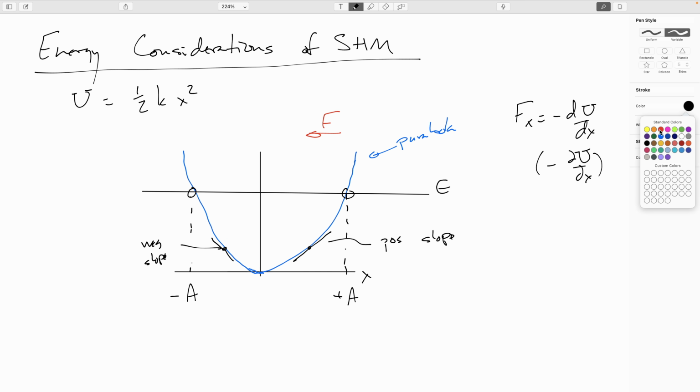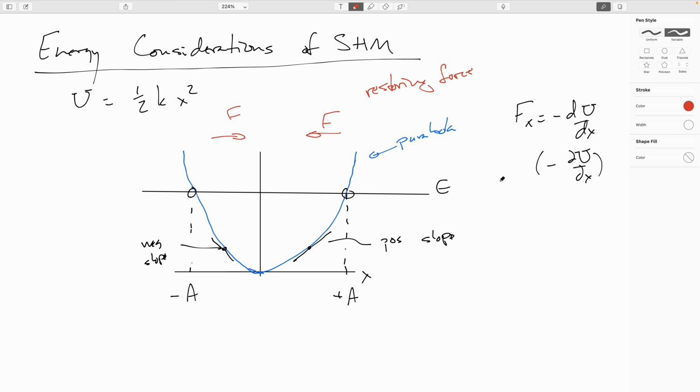So that means that the force will be positive. So we always have the force pointing back in towards the middle, which is what makes this a restoring force. It always points back to the equilibrium position.